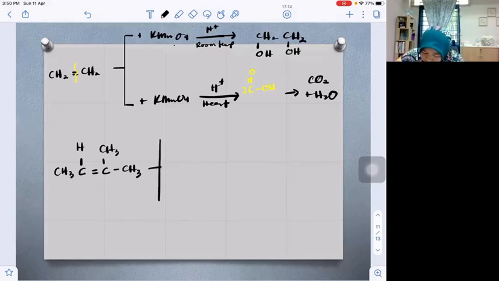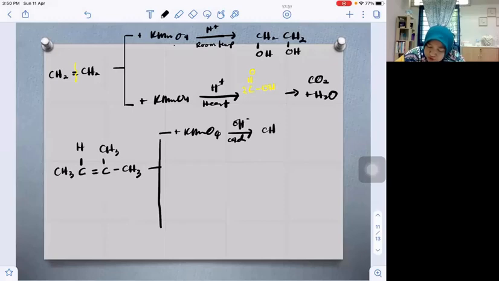If it undergoes mild oxidation with KMnO4, OH minus, for example cool or room temperature, they are the same, it will produce CH3, CH, single bond, C, CH3, CH3. So focus on this carbon-carbon double bond: initially, now it turns to a diol when two hydroxyl groups are attached to these two carbons.